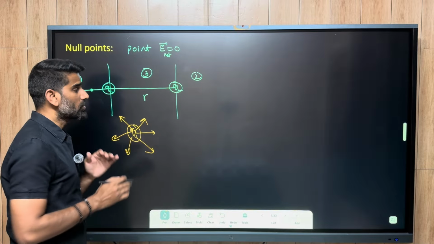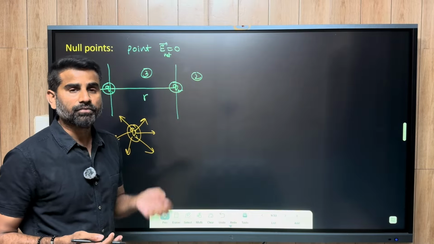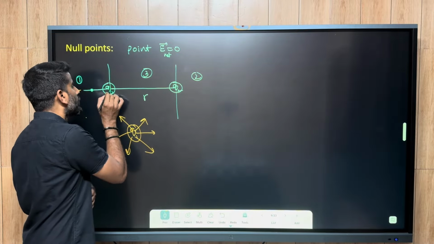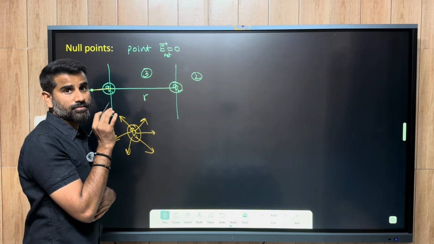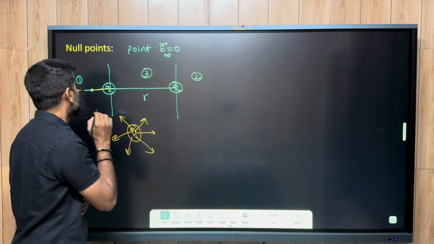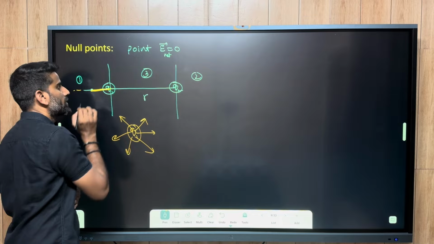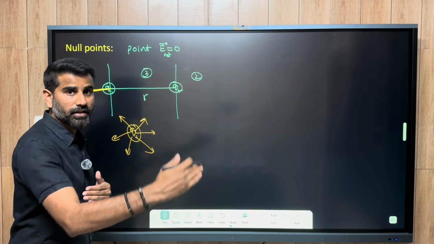But we are not interested in the entire field which is produced by charge Q1. We are interested in the field that is along the line joining the point and the point charge. So I am going to consider the field along this direction only. As I have considered the positive charge, the field is always radially away.